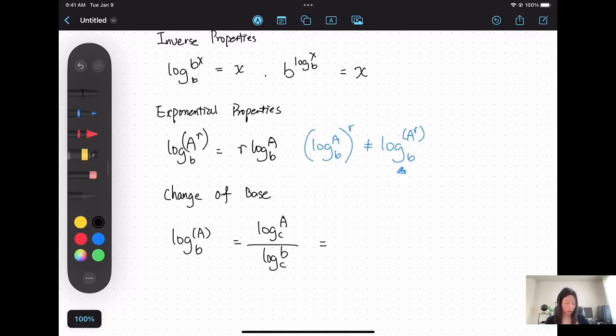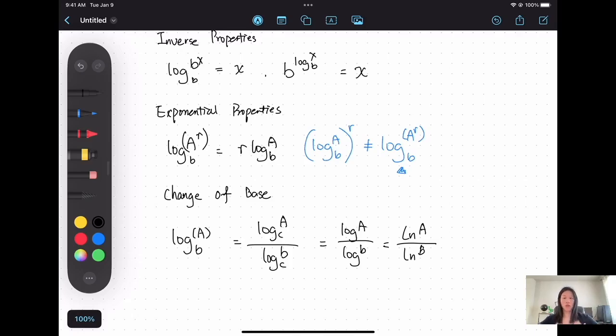And the application of that is, for a calculator, we can put in the common log or the natural log. All right. So while these properties allow us to solve a large number of problems, they're not sufficient to solve all of the problems involving exponential and logarithm equations.